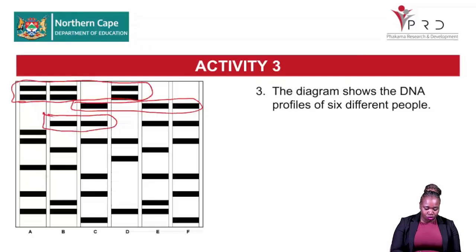Because A is no longer matching. And then we were looking at C, E, and F as those that are matching, but now we can see that C is no longer matching with E and F, but E and F are still matching with each other, right?